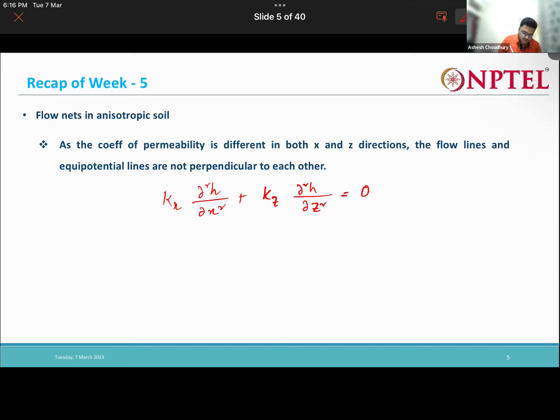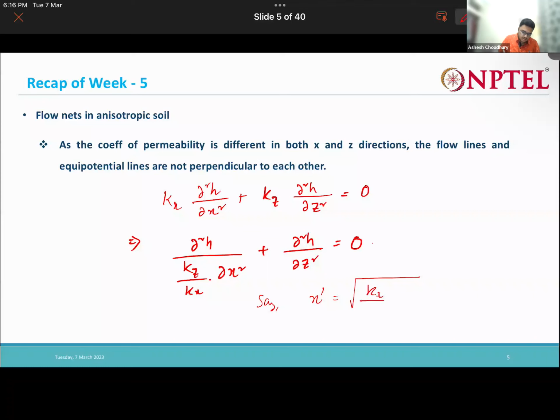So what we can do is write this as dou square H by dou X dash square plus dou square H by dou Z square equal to 0. Now say we take x dash as a new x, written as the square root of Kz by Kx into x.